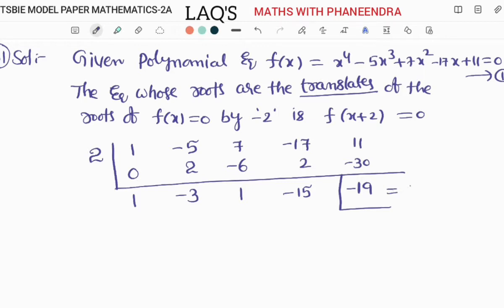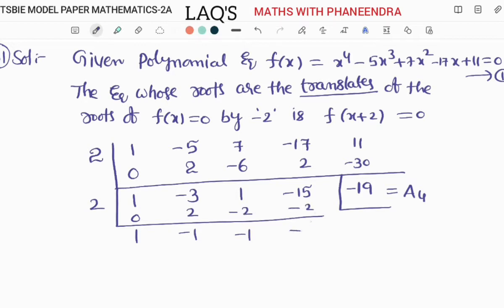So it will take as A4. Dear students, you remember. So next, again by synthetic division, again by 2. 0, 1, 1 into 2, minus 1, minus 1 into 2, minus 2, minus 1, minus 1 into 2, minus 2.